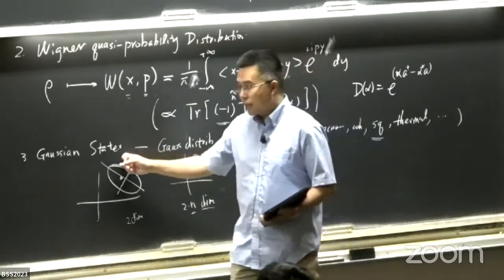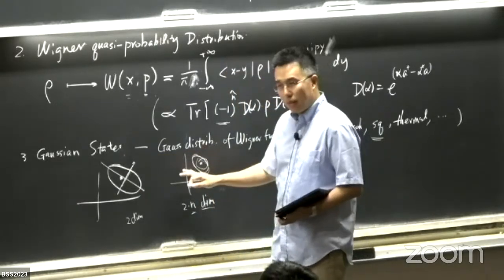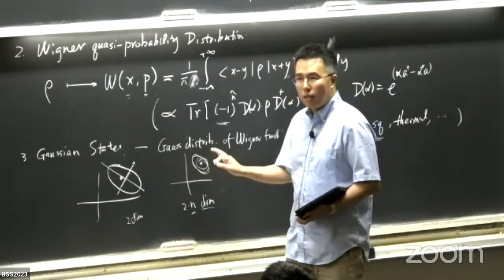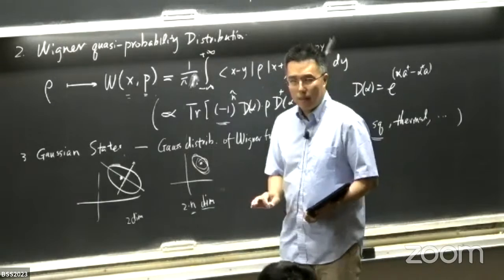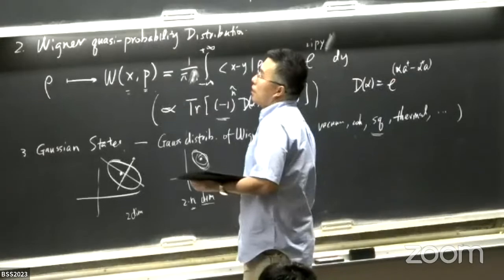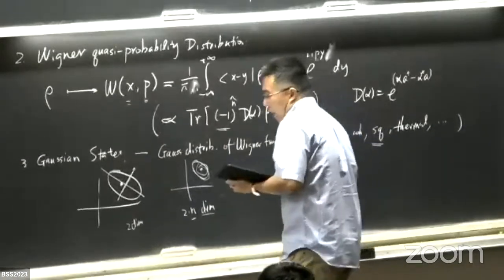So Gaussian states can have a very efficient classical description to characterize them. And that's why computationally, it's very convenient to have these Gaussian states. Okay, and now, once we have the Gaussian states, there is also another aspect which we call the Gaussian operations.